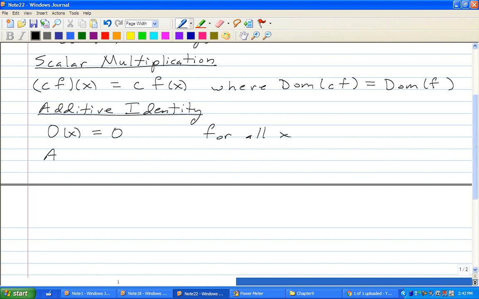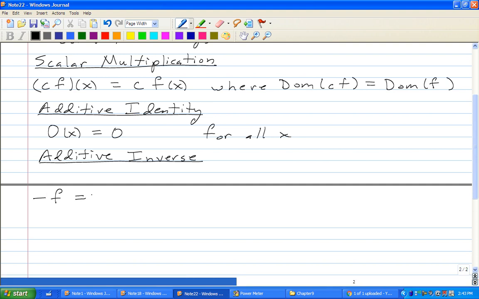The additive identity has the property that if you add a function to it, you just have the same original function. So f plus 0 is equal to f. Let me define the additive inverse. The additive inverse of some function f, I'll denote it by minus f, will be defined as the scalar multiplication of f with the scalar negative 1.